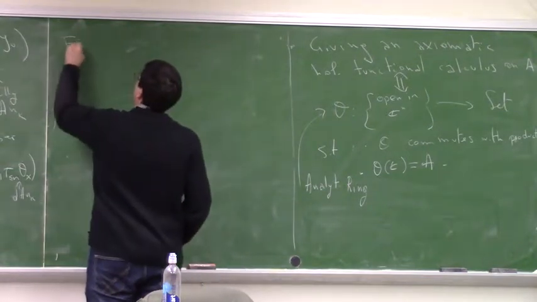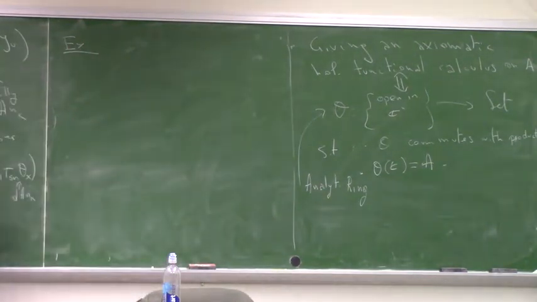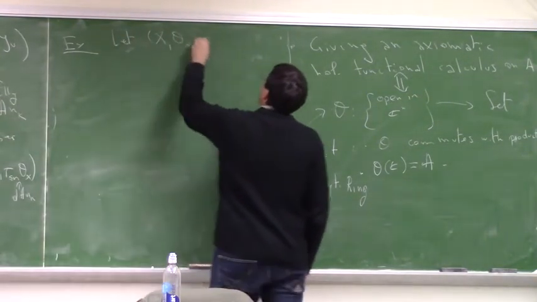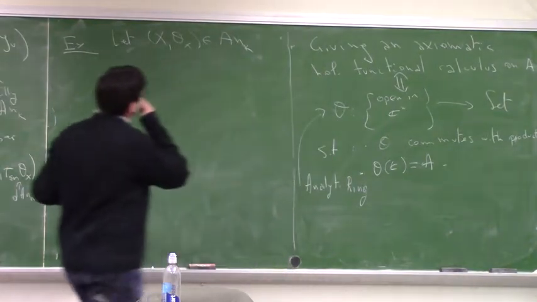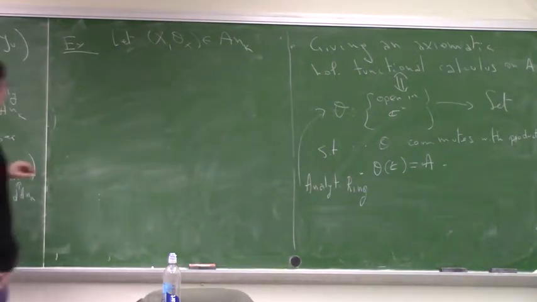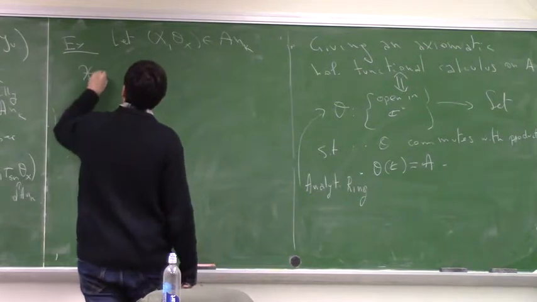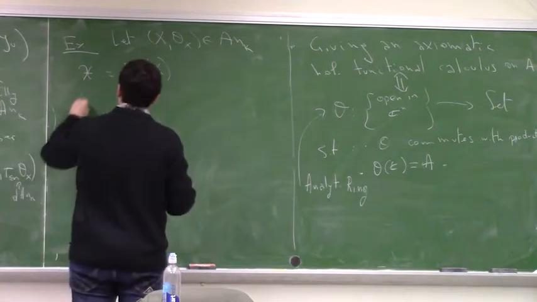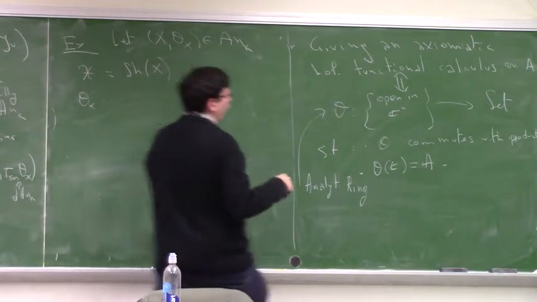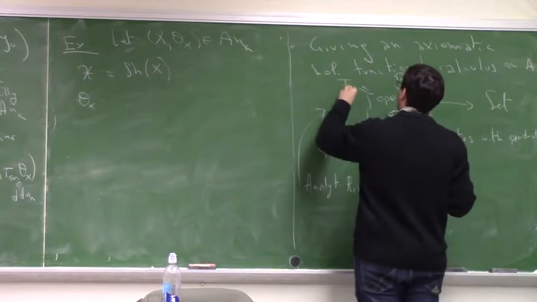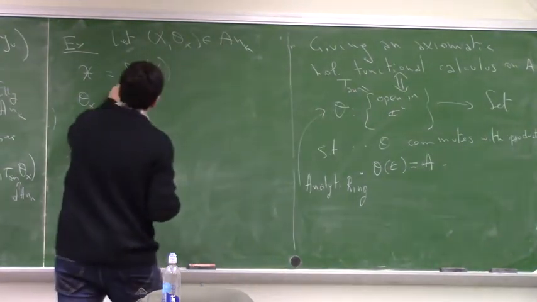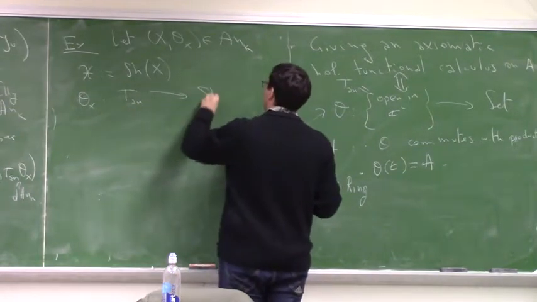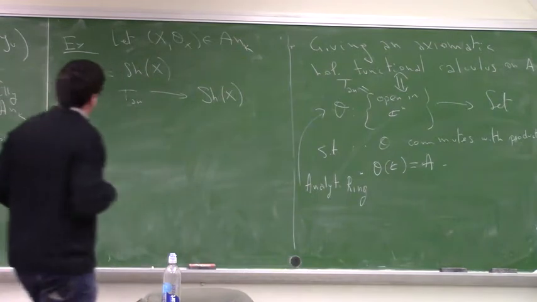So, example. Let X, OX be an ordinary complex analytic space or Berkovich space. Then we take X to be sheaves on X, and we define OX from the category I will call Tn. I need to give you a functor that goes from Tn to sheaves, and I define it in the following way.